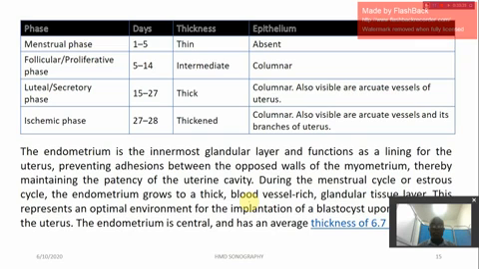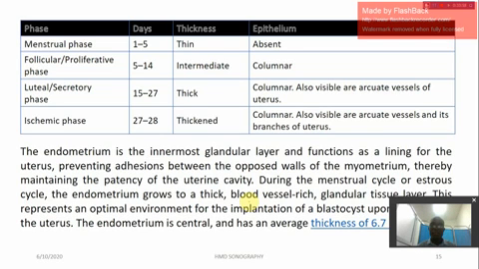Okay, so let's look at the days, the thickness, and the epithelial appearance of the endometrium. In the menstrual phase, from 1 to 5 days, the endometrium becomes thin.